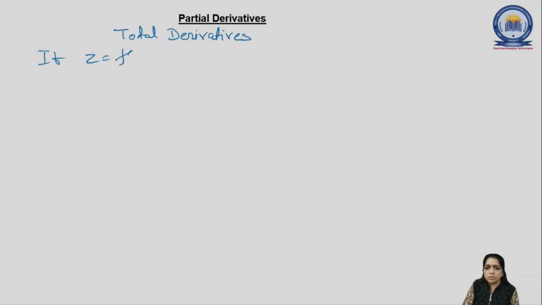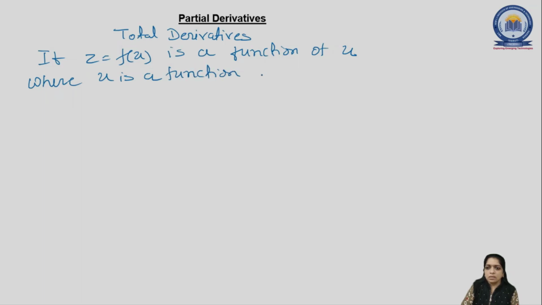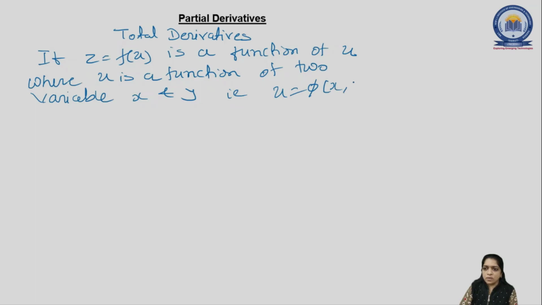If z is equal to f of u, a function of u, where u is a function of two variables x and y, for example u is equal to phi of xy.